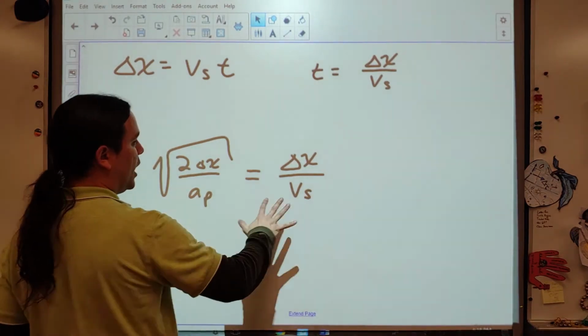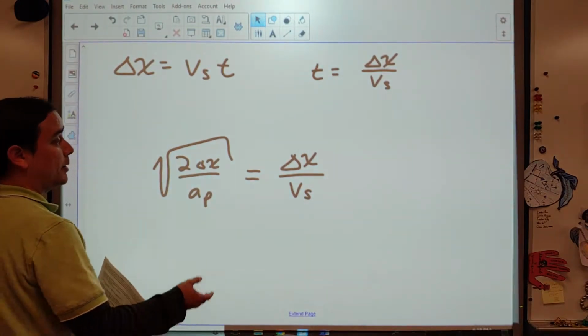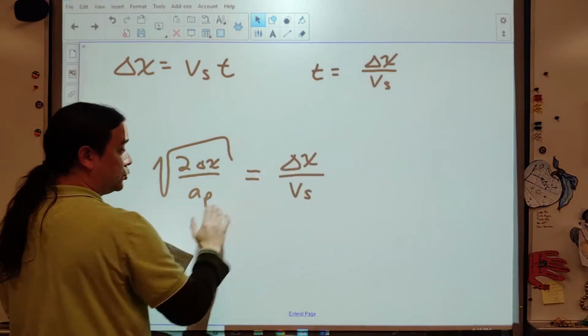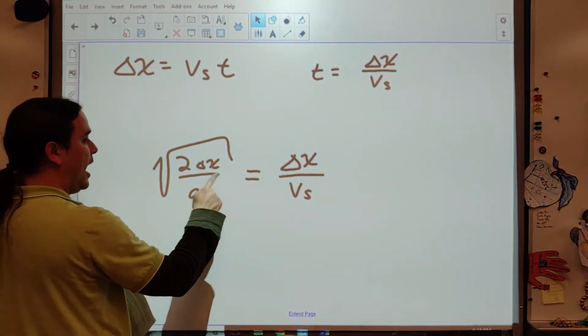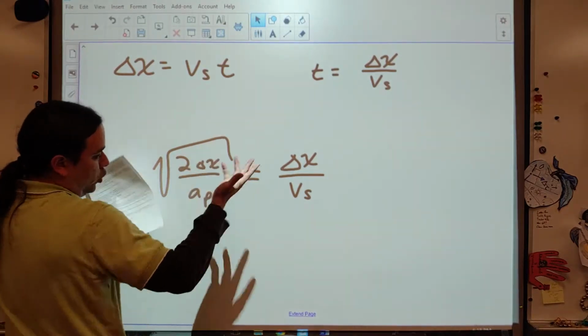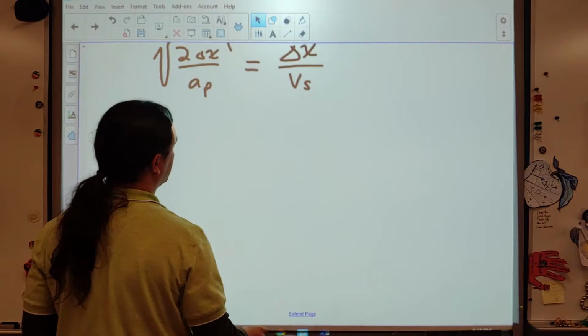Now that we've got this, what we want is delta x equals some stuff. We're most of the way there because the only things in my problem are delta x, which is what I want, AP, which is allowed, vs, which is also allowed, and 2, which is just a number. So at this point, I've got to do some algebra.